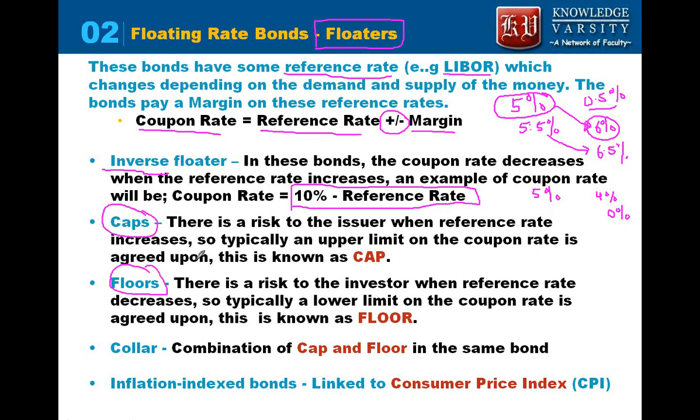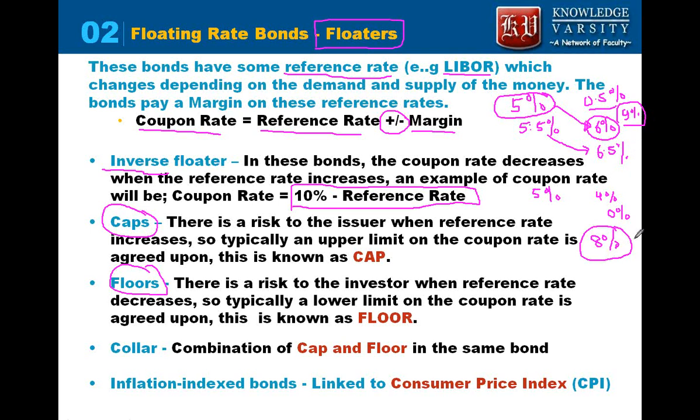A company, an issuer, can issue a bond and specify that the cap rate is 8%. That is, the coupon rate in no case can become more than 8%. So if the reference rate becomes, let's say, 9%, the coupon rate should have been 9.5%. But if the issuer has specified a cap of 8% on the coupon, the coupon cannot become 9.5%.